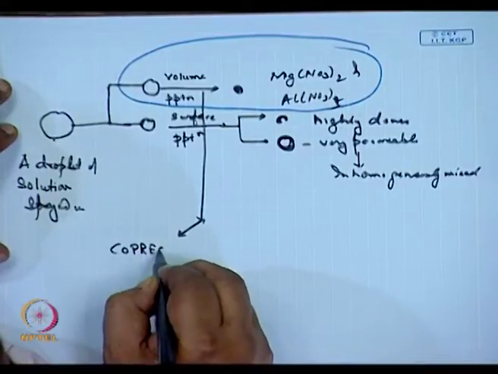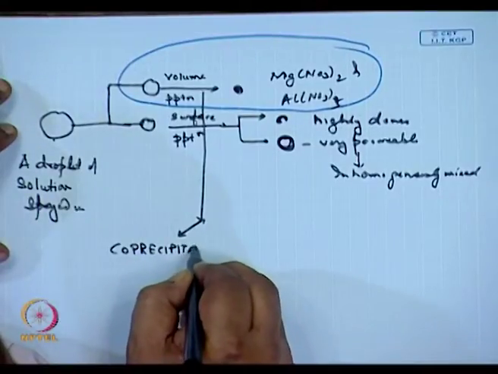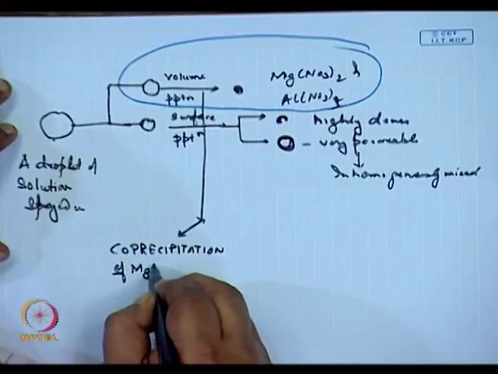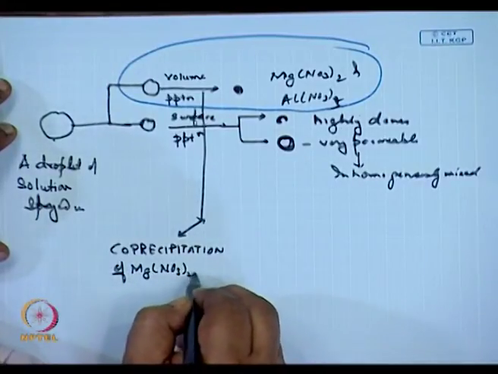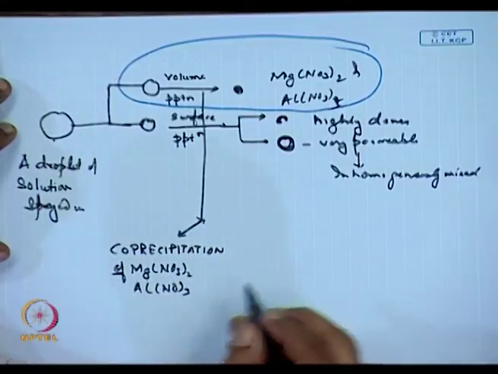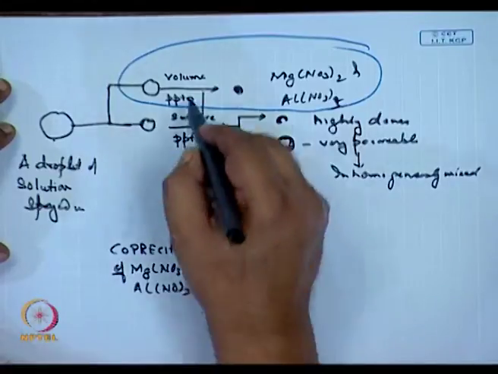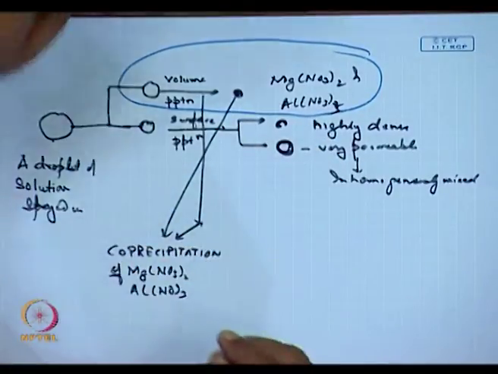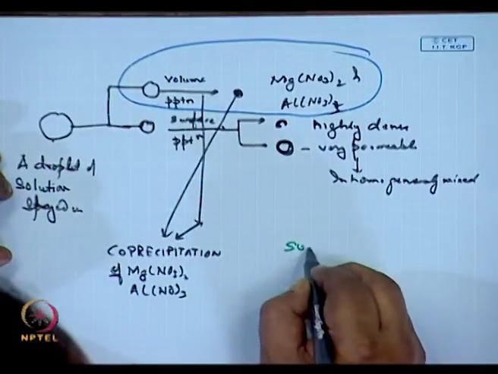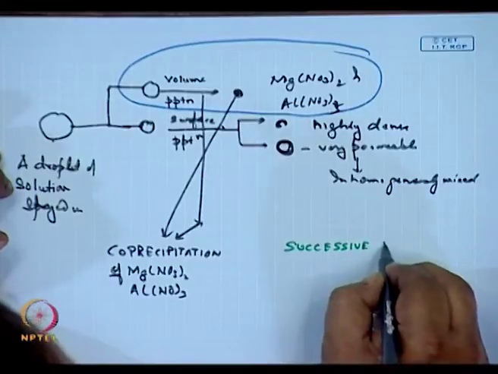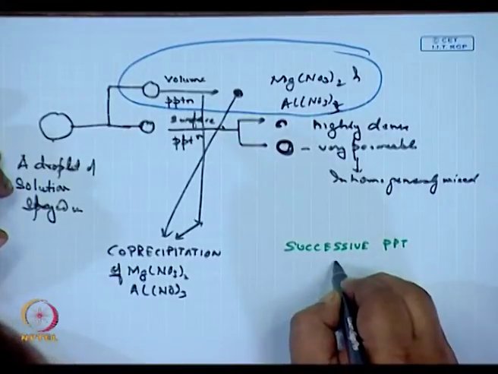Co-precipitation of magnesium nitrate and aluminum nitrate can happen inside this particular droplet, or successive precipitation can happen.